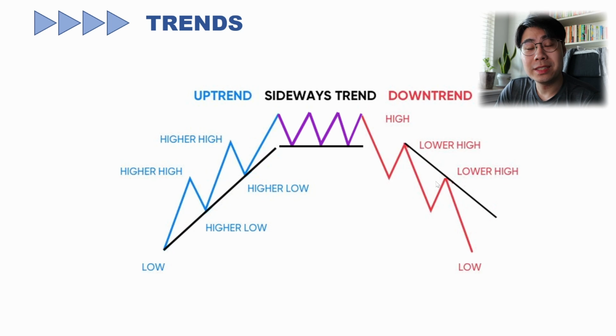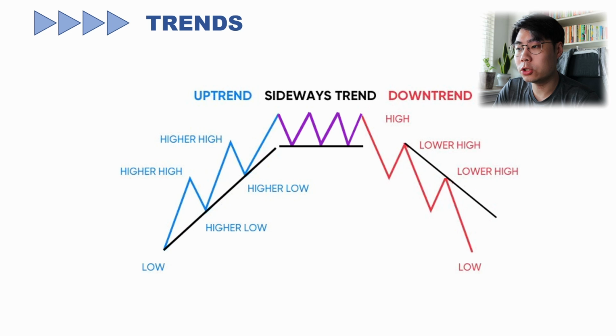And side trends are pretty self-explanatory as well. In technical analysis, they do say the trends tend to persist, right? It means that if the stock is in an upward trend, it's likely to remain in an uptrend. It doesn't mean that it will stay in an uptrend forever, but it is much harder to break out of a trend than staying in a trend.